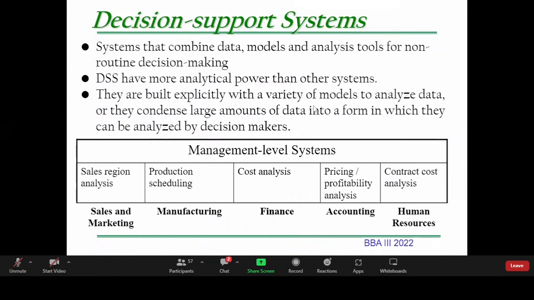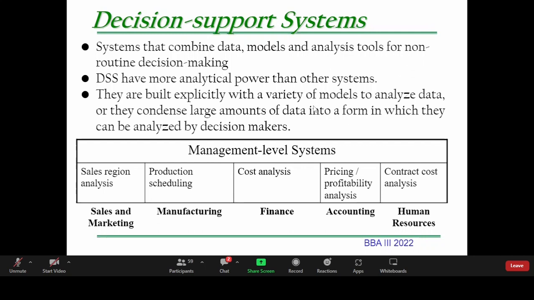Still under DSS, systems combine data, models, and analysis tools for non-routine decision making. DSS have more analytical power than other systems. Why more analytical power? Because of the data they take from the MIS. Remember, with MIS we've aggregated data and produced reports. So the analysis will come in to make more meaning out of that data.